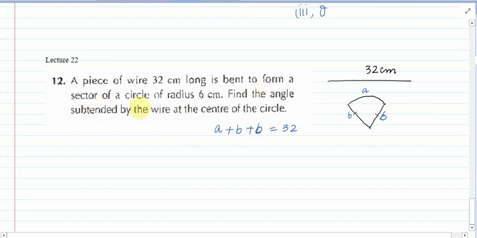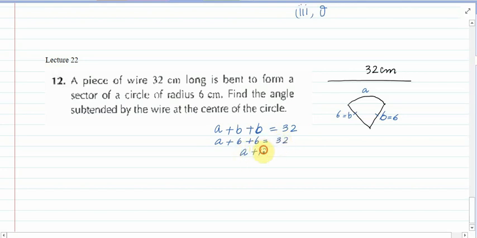To a sector of a circle of radius 6 centimeter, now you have the value of B, that is 6 centimeters, right? So it will be A plus 6 plus 6 is equals to 32 centimeter.